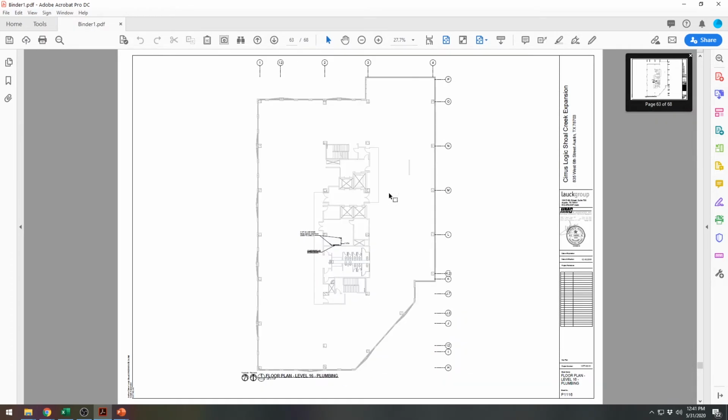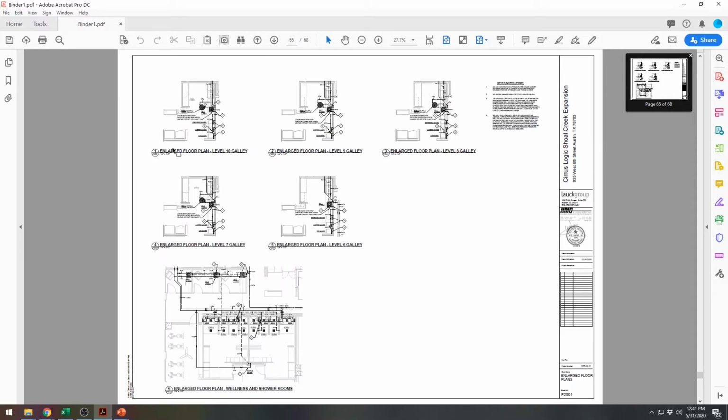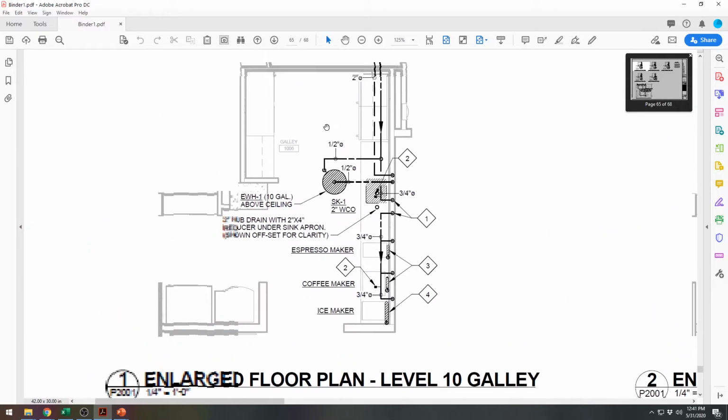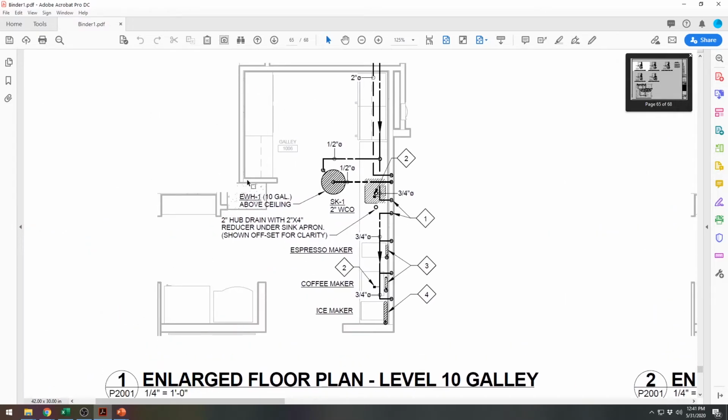Okay, get to large plans. All right, so here's the galley area, or the kitchen area for level 10. So you have a water heater, you have your sink. You notice that just kind of looking at this, it's kind of hard to read. Really, the plumbing relies a whole lot on the riser diagrams, which I'll show you here in a second.